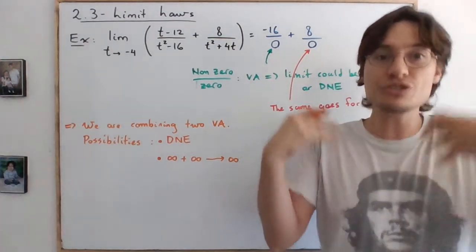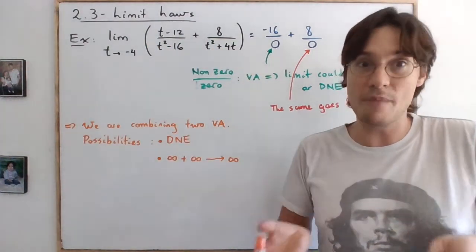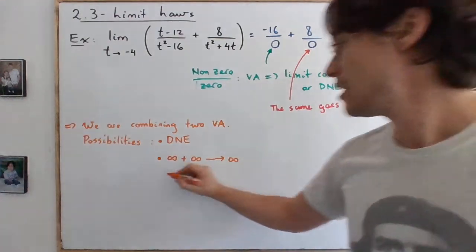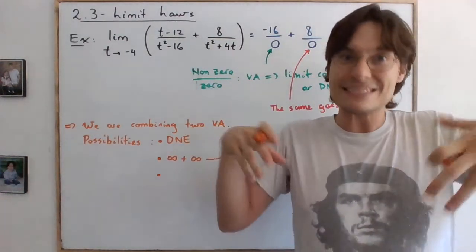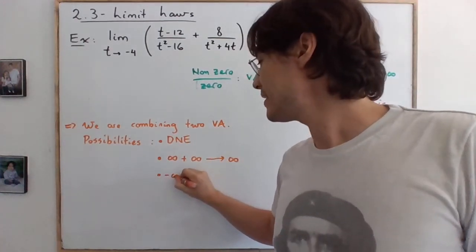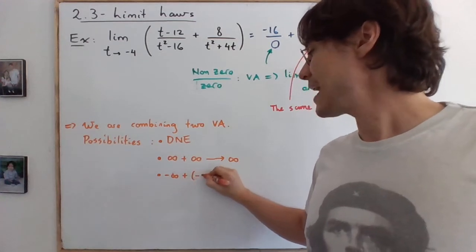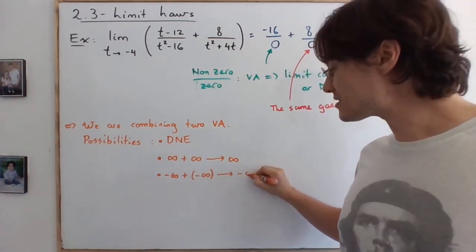If the two terms are blowing up, the sum of them is obviously also blowing up. The same goes if these two terms are sinking down, decreasing without bound. If the first one is approaching negative infinity and the second one is approaching negative infinity, then the result will approach negative infinity.